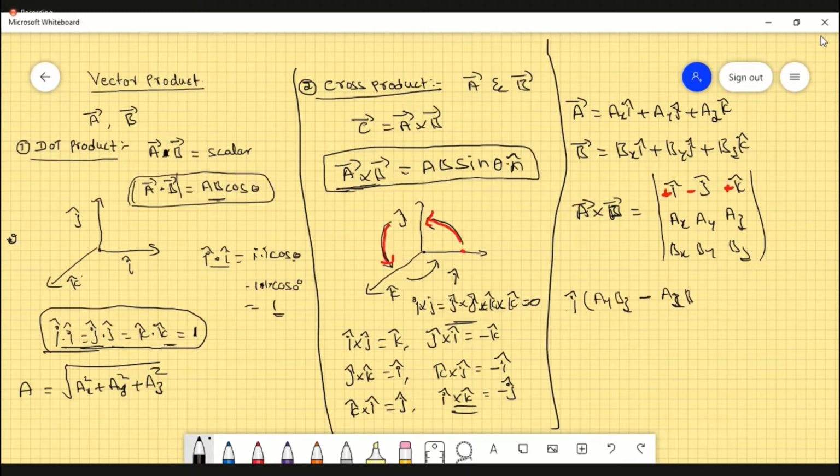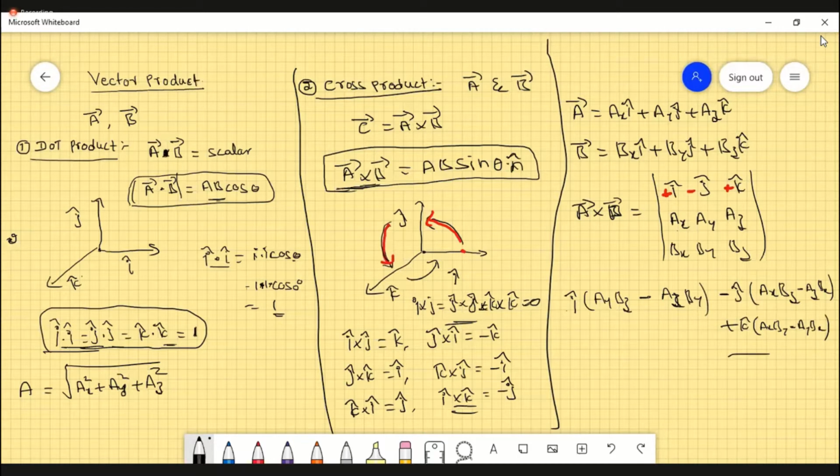Similarly, minus j into, row and column if you remove x, that is ax az bx bz, (ax bz minus az bx), plus k into (ax by minus ay bx).